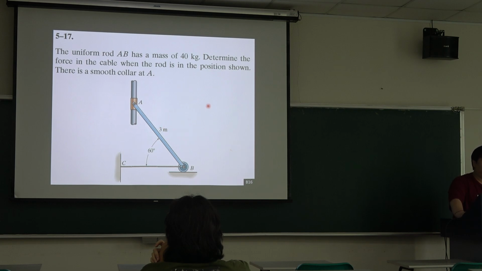Okay, so this is the smooth collar at point A. So we have one object here, and we have three supports. At point A we have the perpendicular reaction, and at the point B we have the perpendicular reaction, and from B to C we have the tension reaction.